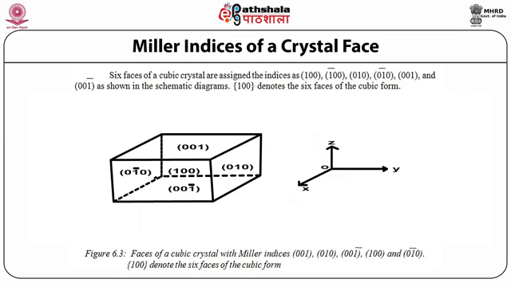Within curly brackets, {1 0 0} denotes the six faces of the cubic form. Figure 6.3, as shown here in this slide, shows faces of a cubic crystal with Miller indices (0 0 1), (0 1 0), (0 0 1̄), (1 0 0) and (0 1̄ 0).